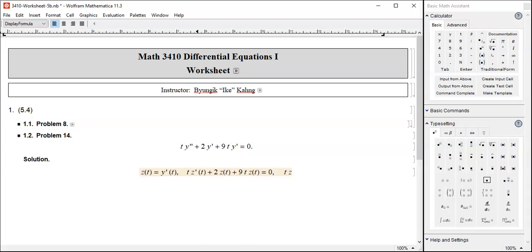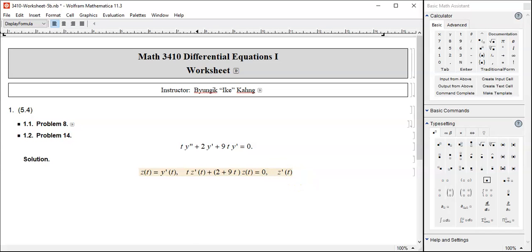Let's put these two together, and then we end up with a linear equation like this. And this is first degree, first order.